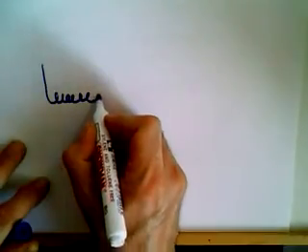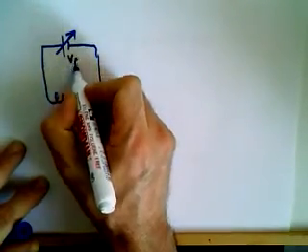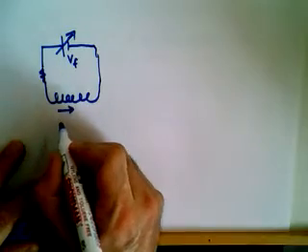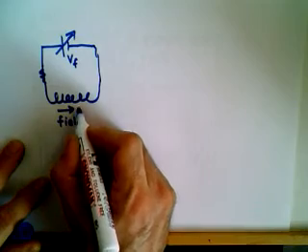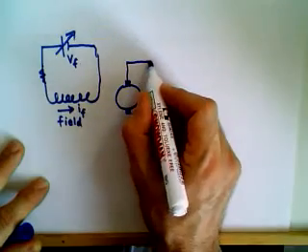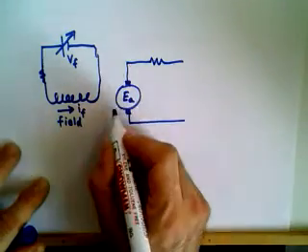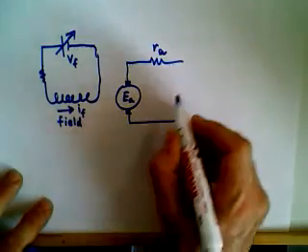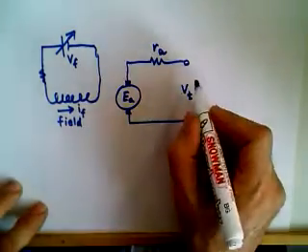We have some kind of variable field voltage source, and through the field windings, field current passes, and the armature is drawn like this, and there is a series resistance of the armature windings and induced voltage, and these are the electrical terminals of the generator.